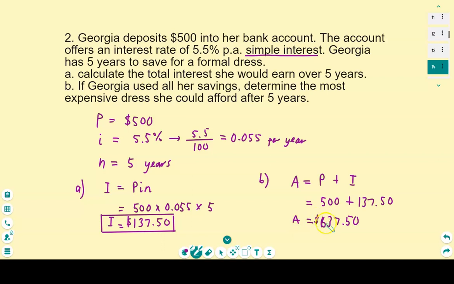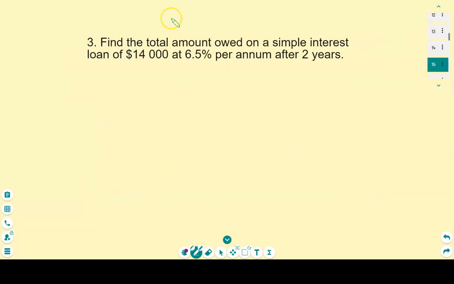All right. And that's the answer. And you might want to write a little sentence if that's an exam question. The most expensive dress that she can afford is this much. Okay. So let's get another one going.